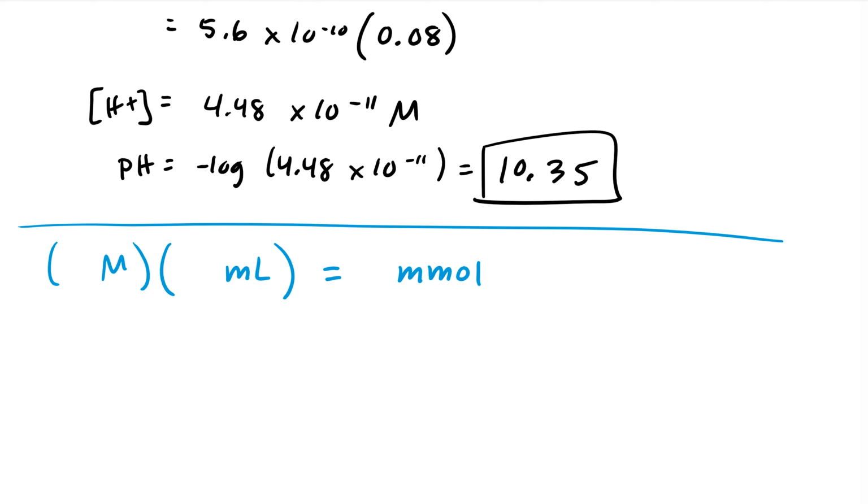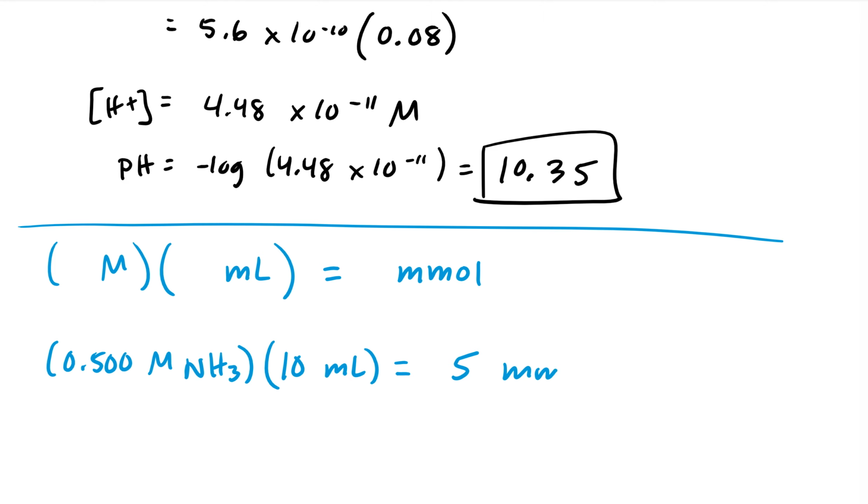So in our problem, if I wanted to calculate the millimoles of ammonia, we would take the 0.500 molar NH3 times the milliliters of 10, and we would get 5 millimoles of ammonia.